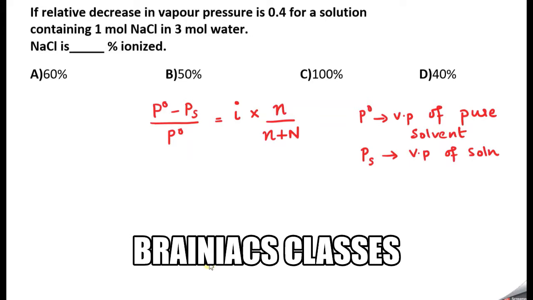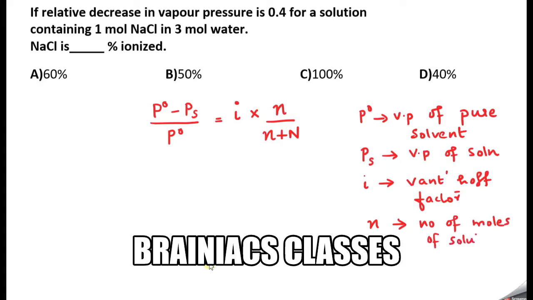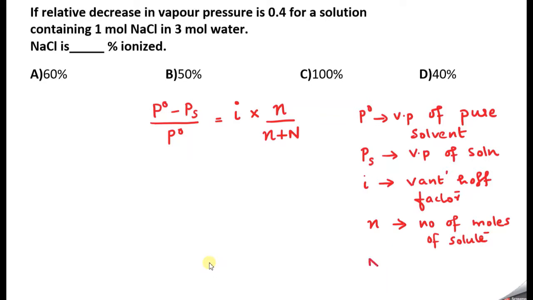Now similarly, what is i actually? Van't Hoff factor, correct? Small n indicates the number of moles of solute, and capital N indicates the number of moles of solvent.